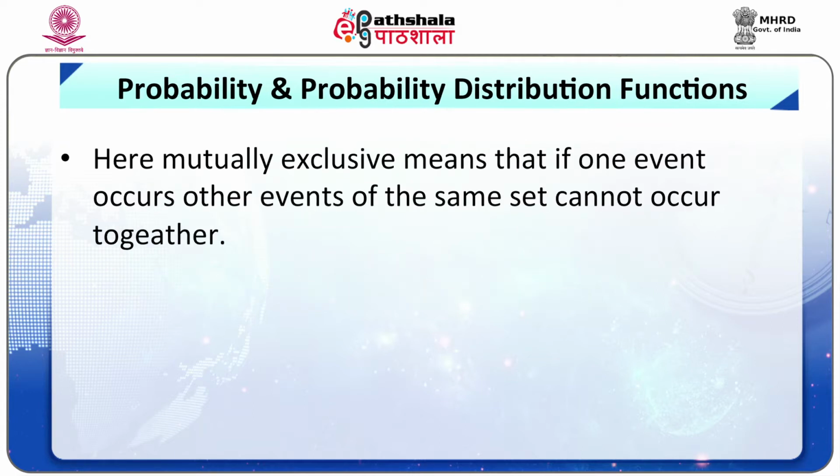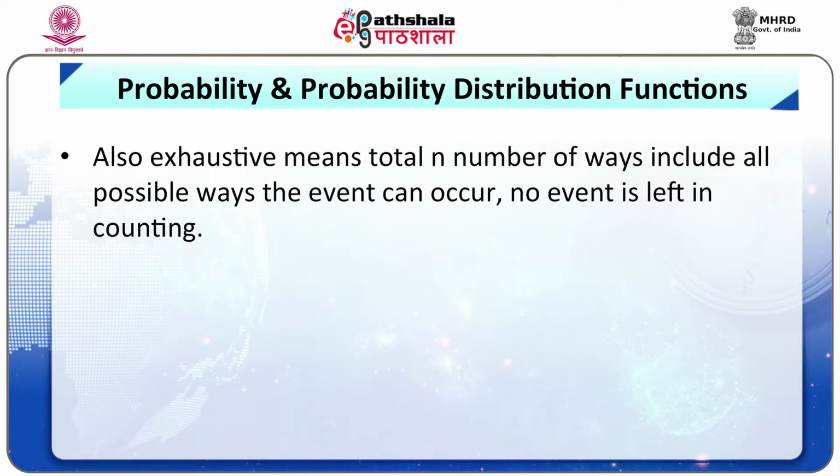Here, mutually exclusive means that if one event occurs, the other events of the same set cannot occur. Also, exhaustive means the total n number of ways, including all possible ways the event can occur. No event is left in the counting.